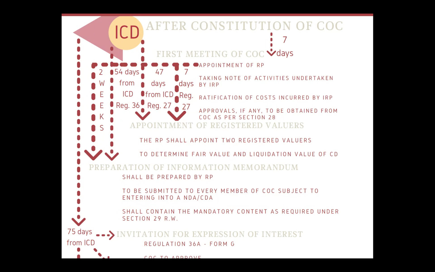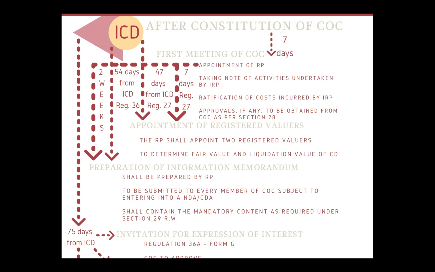From this, you can understand that this document tries to give a fair idea to the prospective investors, that is the resolution applicants, to understand the basics of the company: whether it has funds, whether it has assets, whether it is operationally viable. So all this information is provided to the resolution applicant.